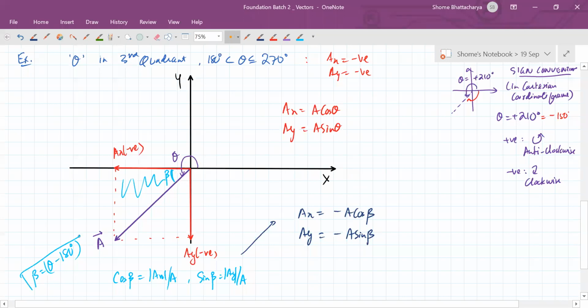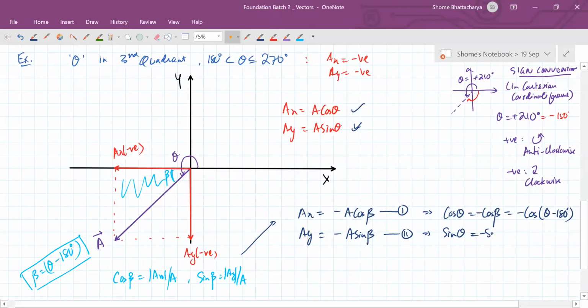Okay, so now if you compare this first equation with this equation here, you're getting that cos theta is minus cos beta, so that is minus of cos theta minus 180. And if you compare this equation with this, you're getting that sine theta is becoming minus of sine beta. So this time sine is also negative, as you can see.